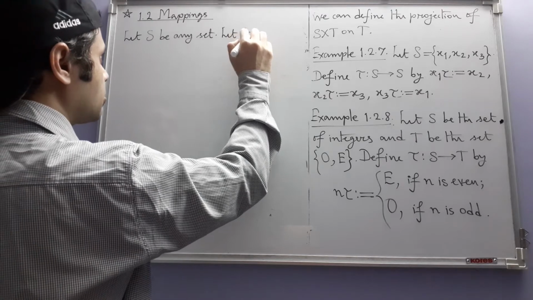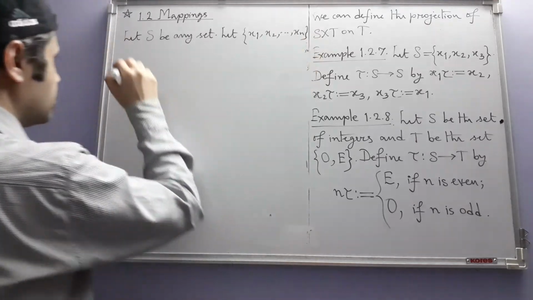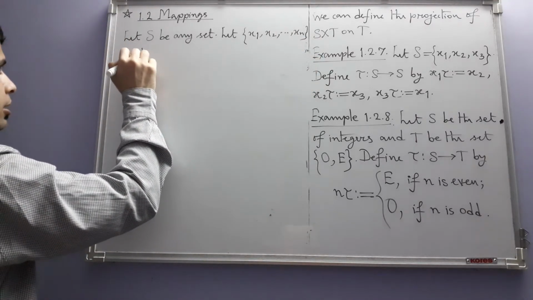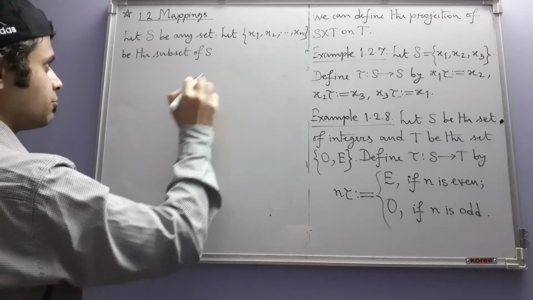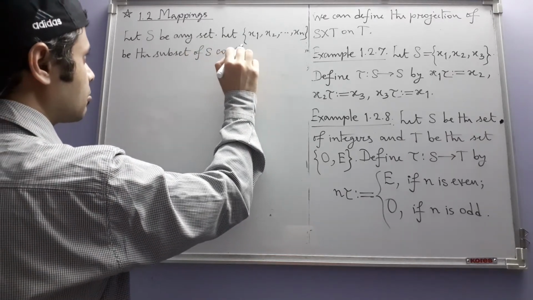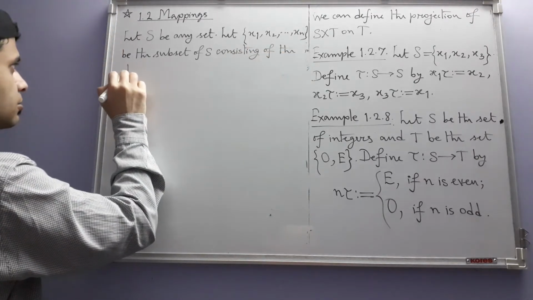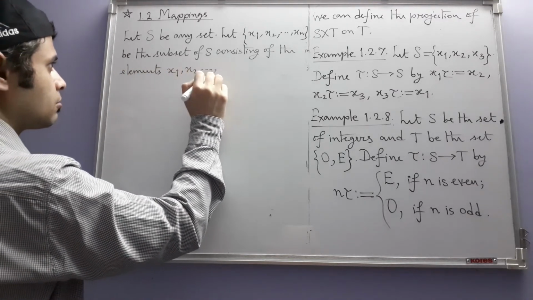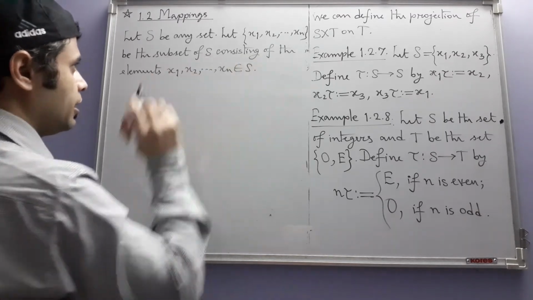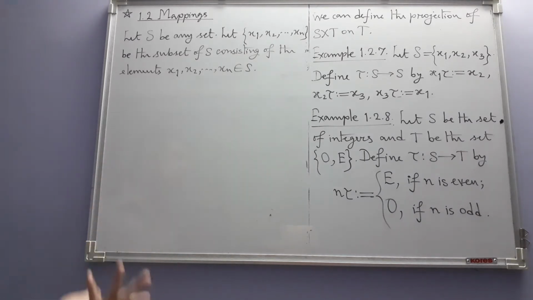Let x1, x2, etc. up to xn be the subset of S consisting of the elements in S. That is, if you have a non-empty set, you can consider several subsets of that set. That's what I think the author tries to say here.